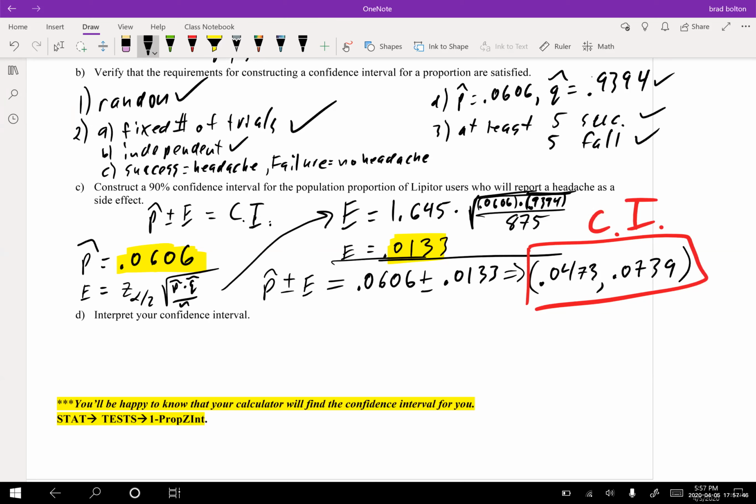A lot of times they'll ask you to follow up your confidence interval with a statement.